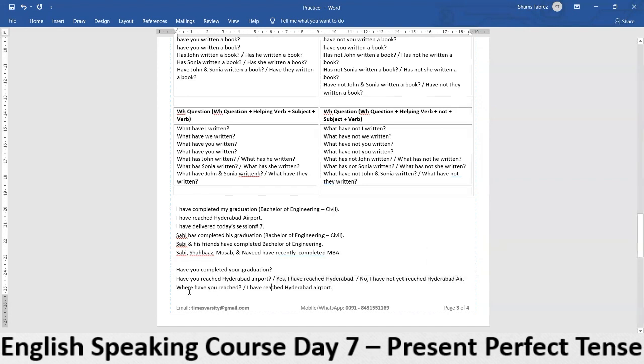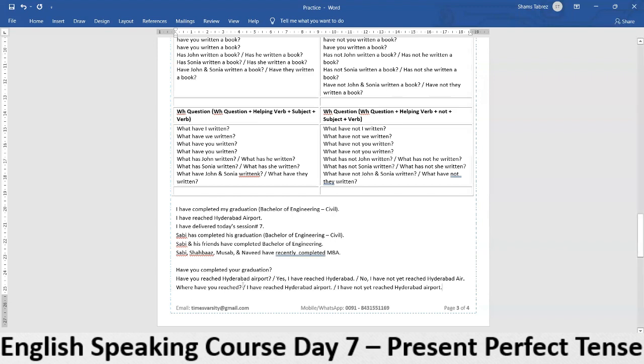And the answer to the WH question is direct. Have you reached Hyderabad? I have. It may be direct, affirmative or negative as well. Like, I have not yet reached Hyderabad airport, right?